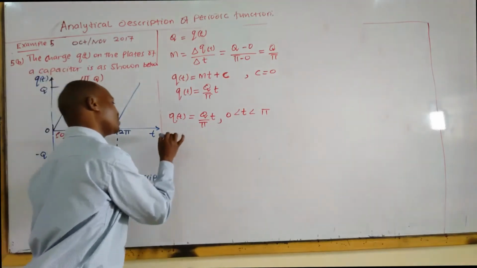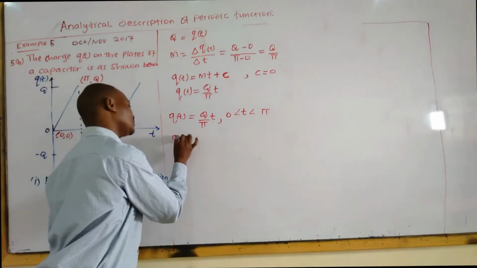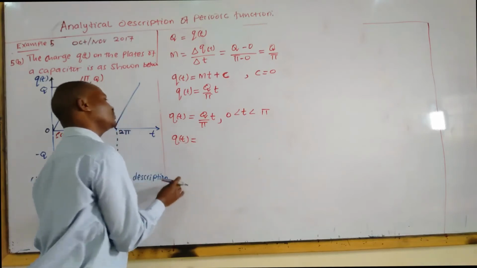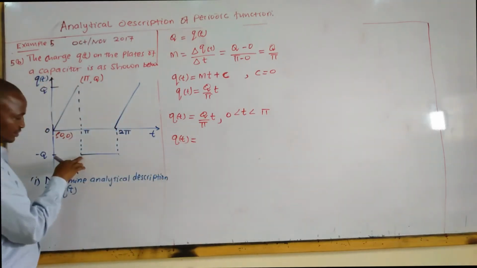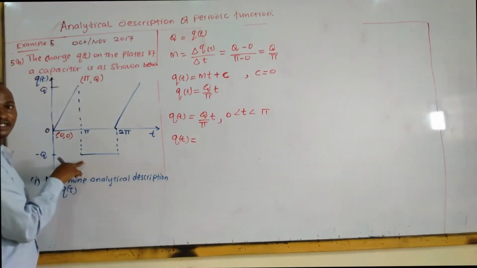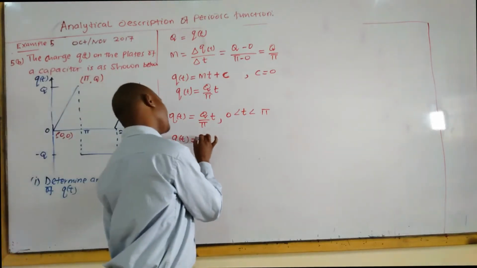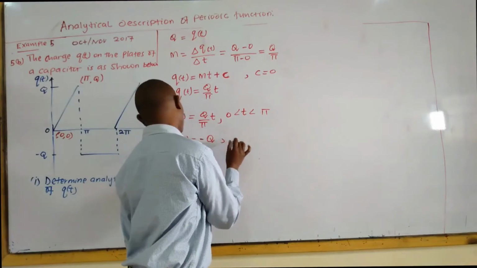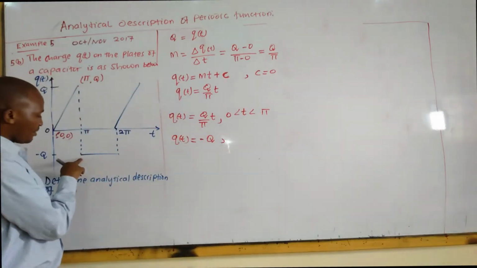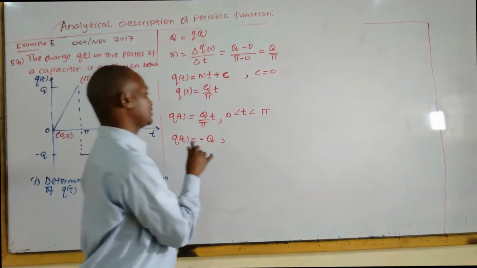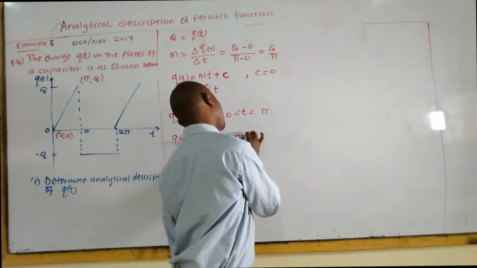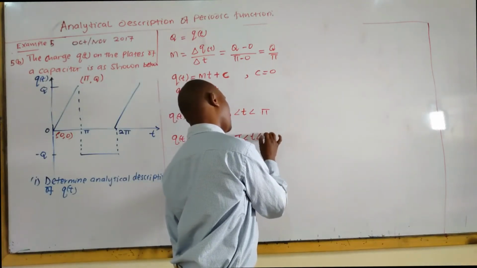The other one, Q of t is equal to, here the value of this straight line is negative Q, for t lies between pi and 2 pi.